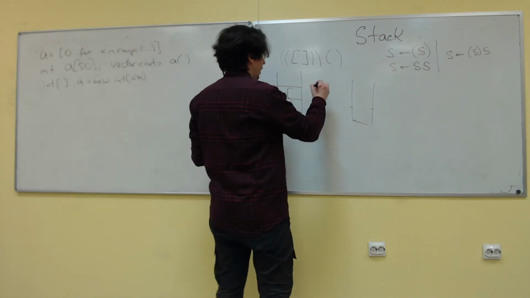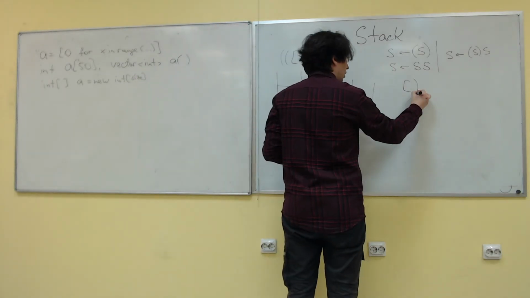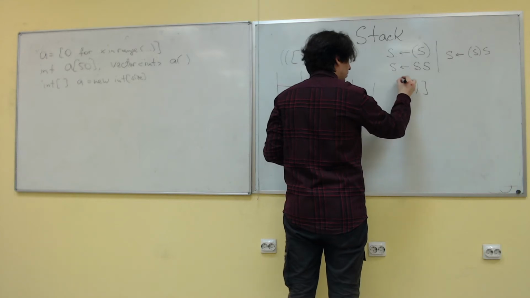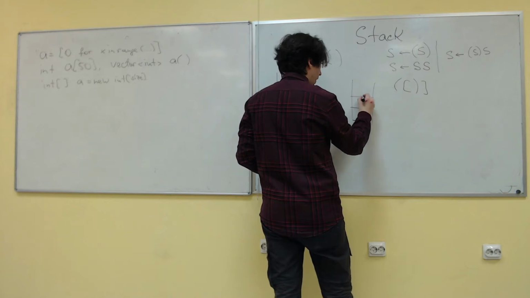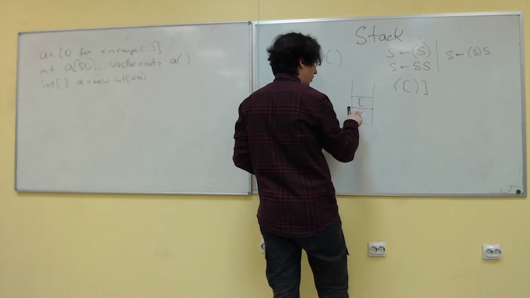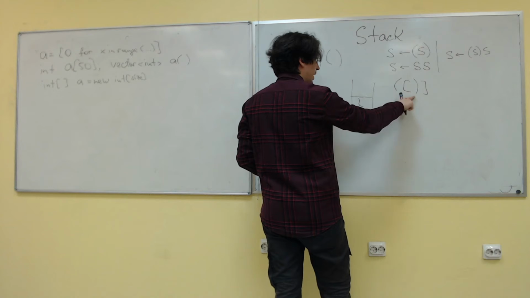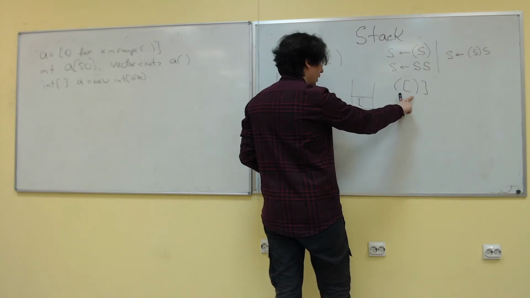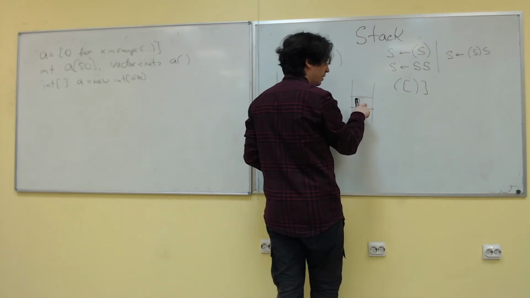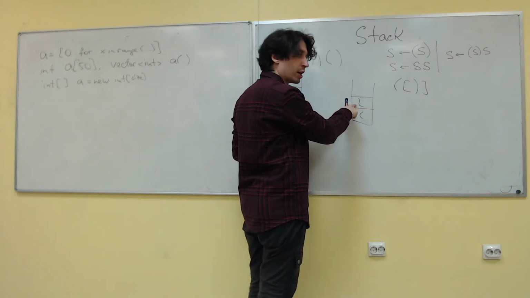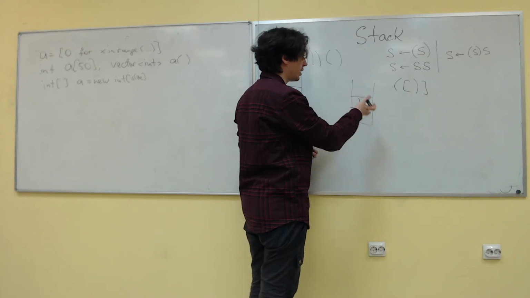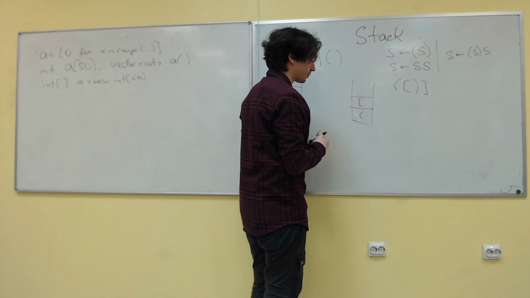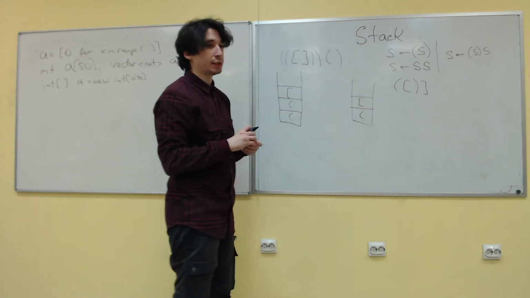So for example, you have an open bracket, closed bracket, open round, and open rectangle, and then we have a closed round bracket. We just check the top. Oh, here is not the open round bracket, but the open rectangular bracket. Then we have to say that the bracket sequence is incorrect.